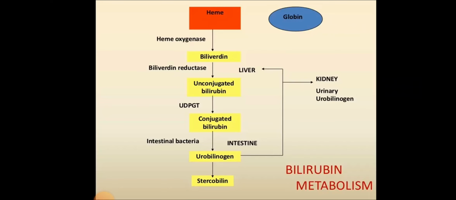And this bilirubin so formed is in the unconjugated form, which is not the water soluble form. That is, it is lipid soluble. So it requires albumin for its transport to the liver. And in the liver, the bilirubin is converted into the conjugated form, which is the water soluble form.